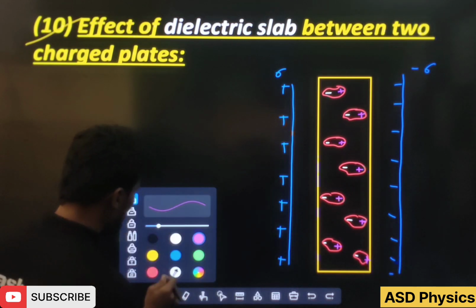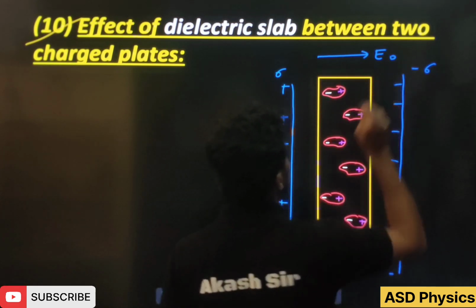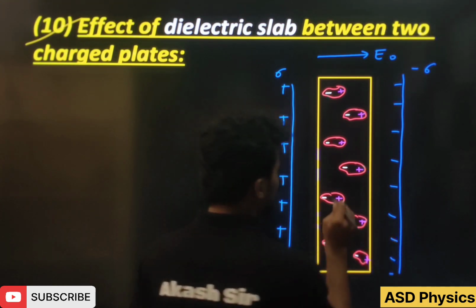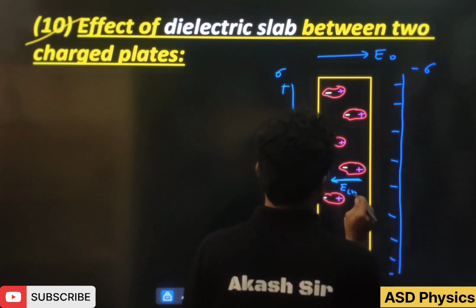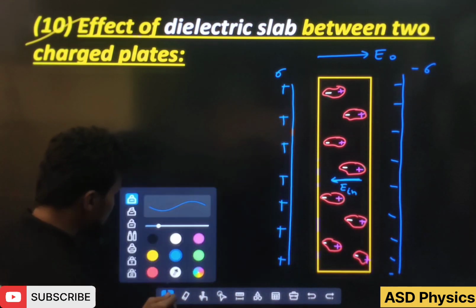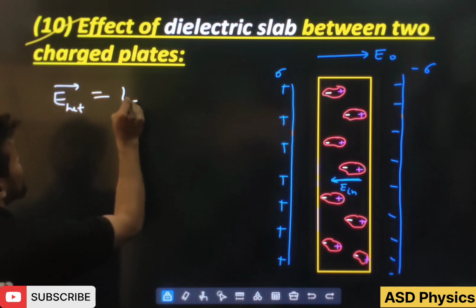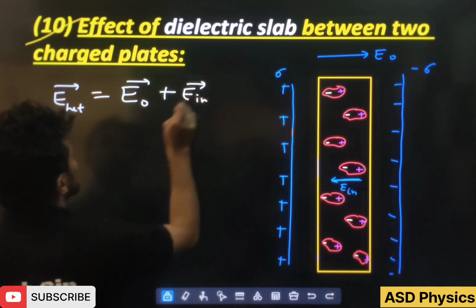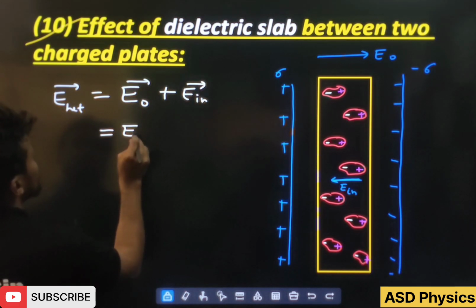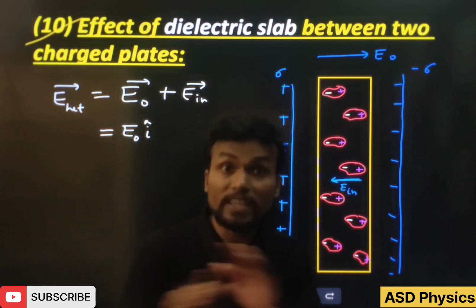Because of that, this external electric field is in this side, E naught. But the induced electric field will come in the opposite direction because of the induced dipoles. If I write the net electric field, this is E naught plus E induced. This is E naught i cap, but it will not cancel out completely.